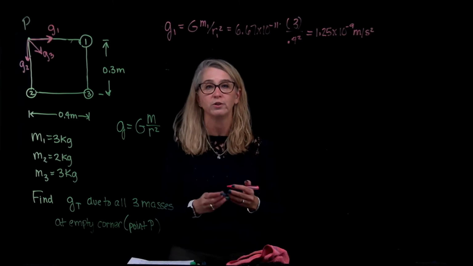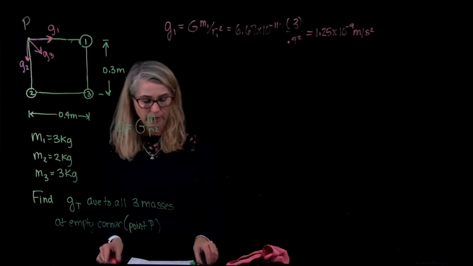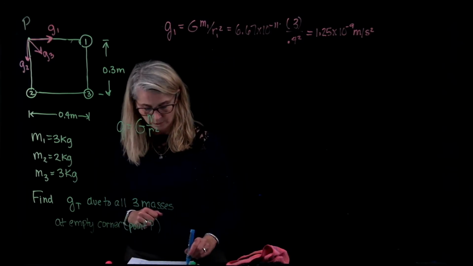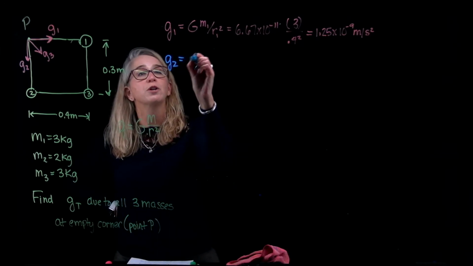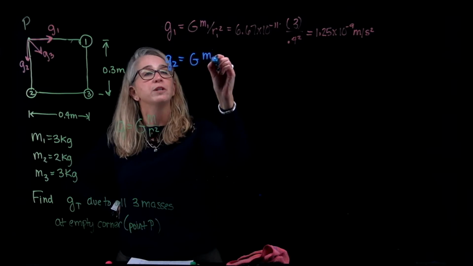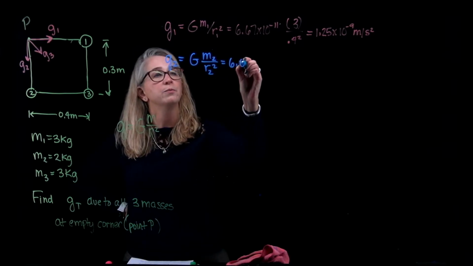So that is going to be G1. Let's try blue. For G2, we're going to use a similar expression, just replacing the masses and the distances for these different values.